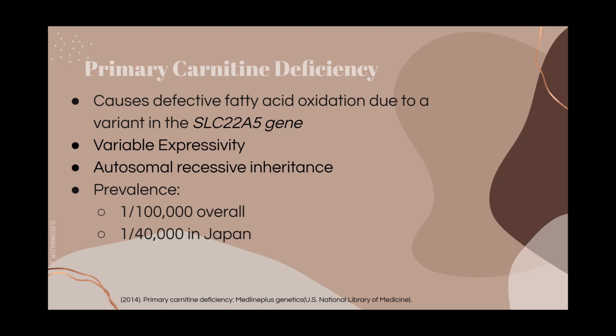This presents with variable expressivity in the patients affected, and it has an autosomal recessive inheritance. Here we can also look at the prevalence of 1 in 100,000 overall and 1 in 40,000 in Japan. Penetrance has not been reported on this disorder.